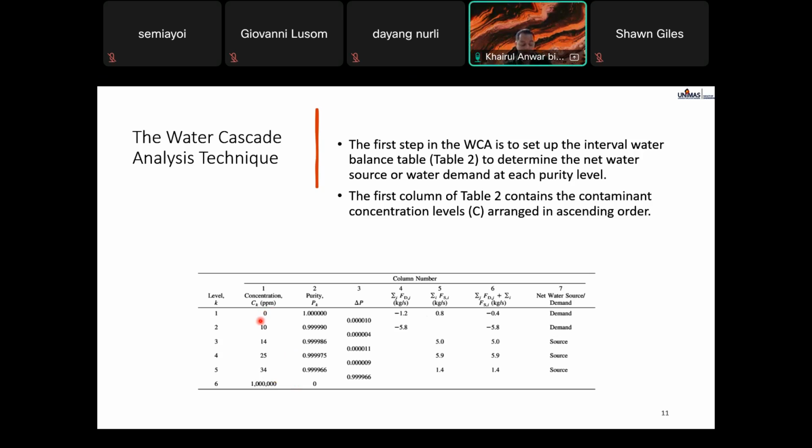Both have a similar concentration of 0 ppm. So from 0 to 34 is from the table of limiting water data, Table 1. Number 6 here is the highest concentration, which is near 1 million ppm, based on question 2 in this Manan paper.